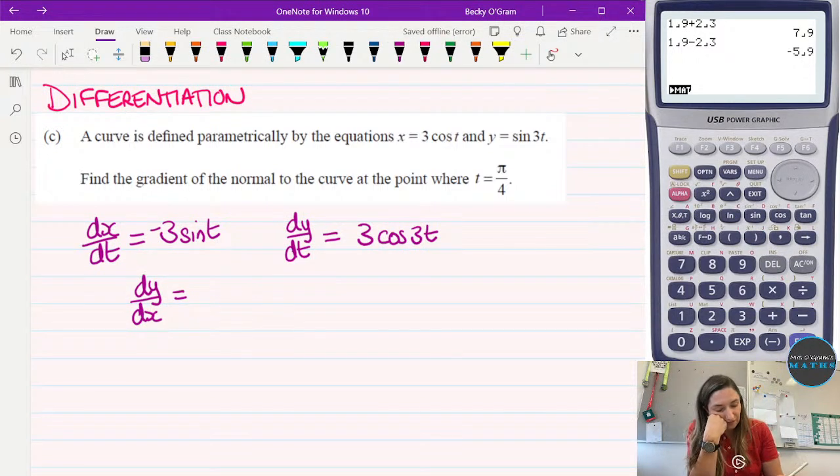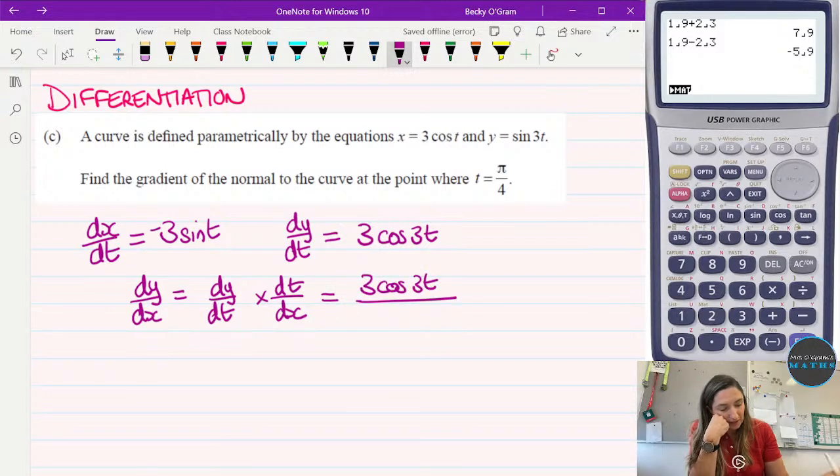We'll do dy by dt times dt by dx, so you can see what I'm doing. So we've got 3 cos 3t, and dt by dx is the flip of dx by dt, so we turn that over and put it on the bottom of the fraction here.